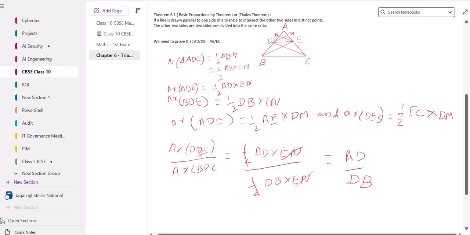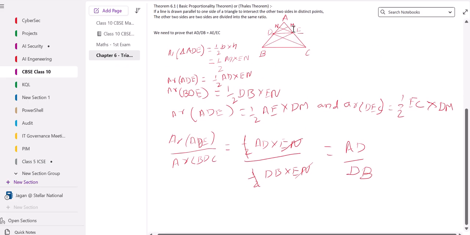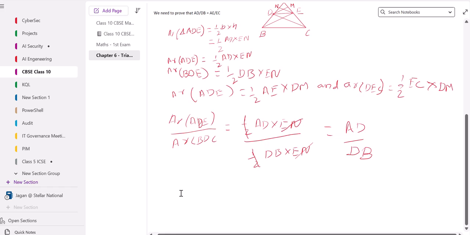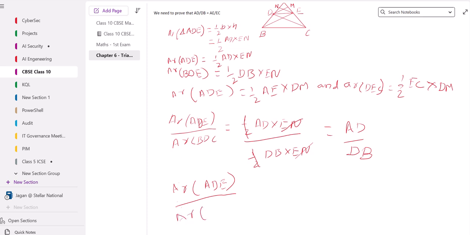Now similarly, we are writing the triangles formed on this line. These are area of triangles formed by that line. Area of ADE by area of DEC.